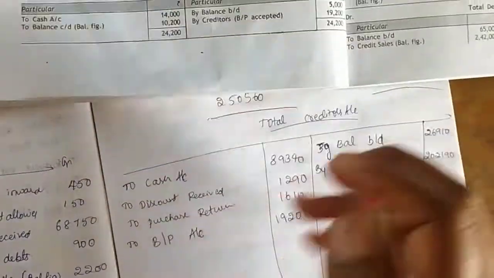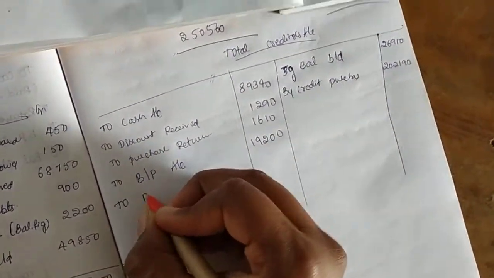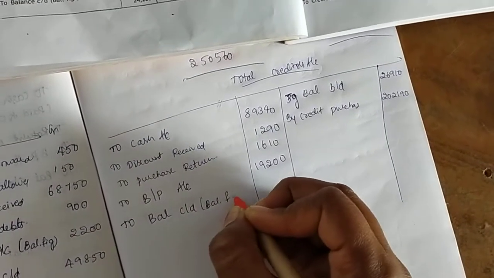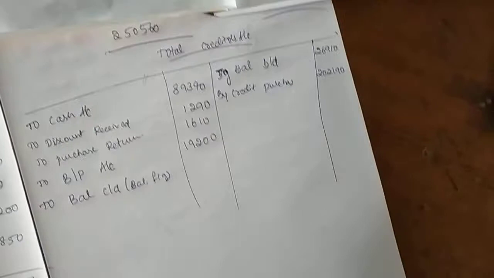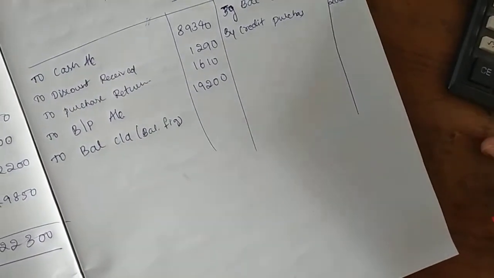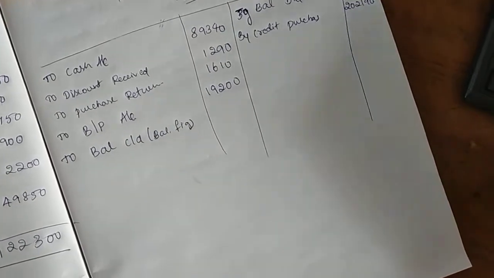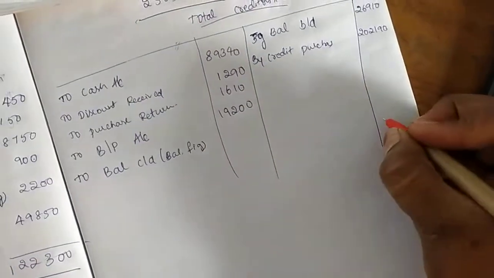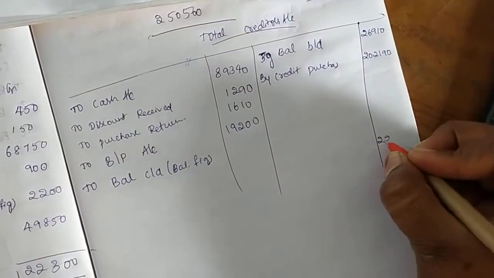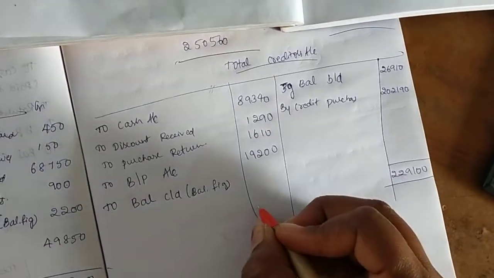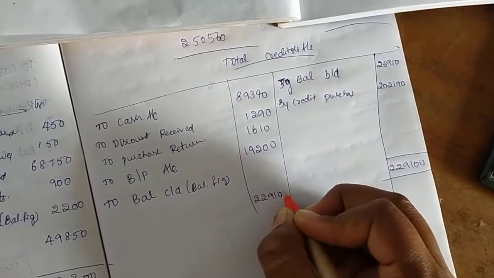So whatever the balance will be there, to balance carried down, that is balancing figure or closing balance. 2,02,190 plus 26,910, total is 2,29,100. 2,29,100 is total.